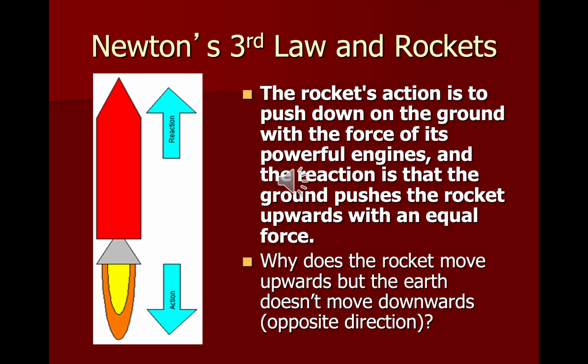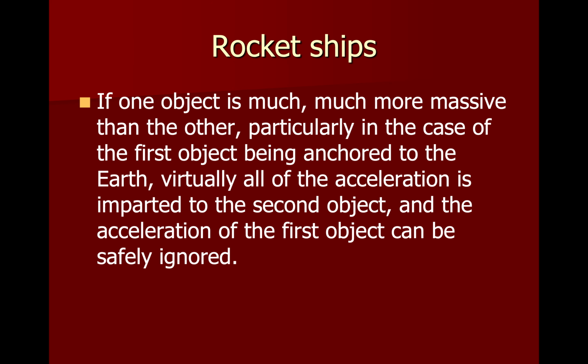Why isn't that happening? Well, the truth is that this is also tied with mass, right? And we know that one object, the Earth, is much more massive than the other, the rocket ship, right? If you compare the mass of the two, it's exponentially larger, right?